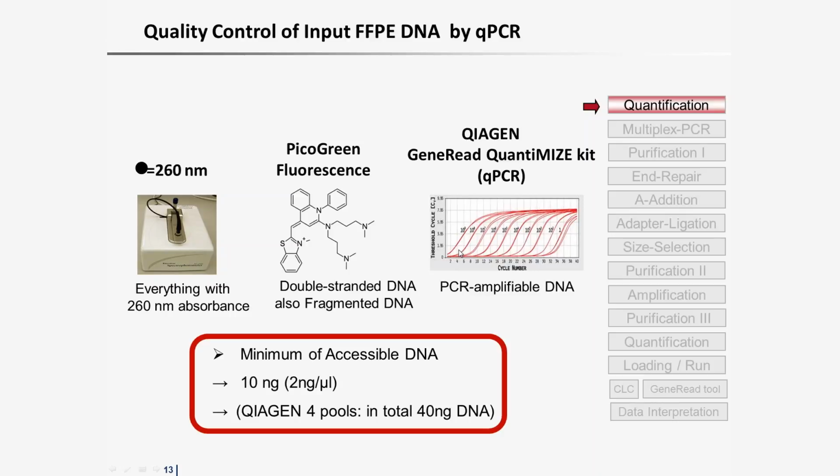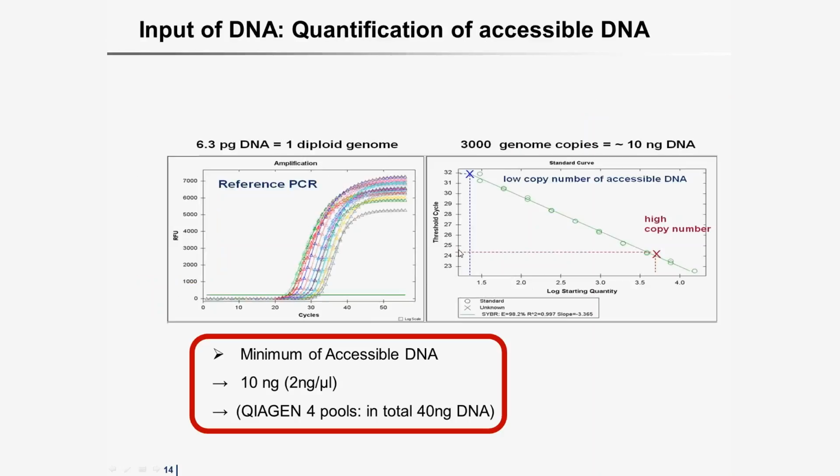So using a standard curve, we then apply 10 nanogram in the target enrichment step. And this 10 nanogram is equal to 3,000 genome copies, representing then 1,500 cells, and that is quite a good number to represent also the tumor.